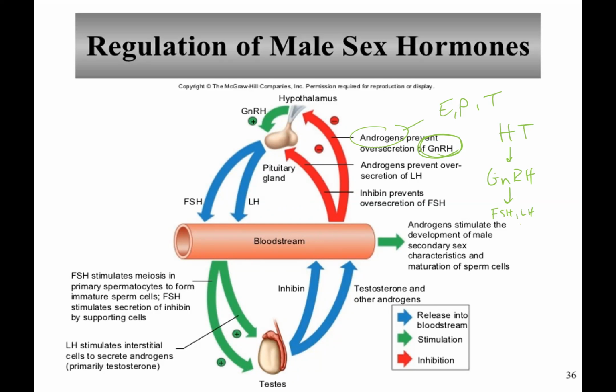As these are released and go to the testes to communicate, they also help produce secondary sex characteristics via testosterone. So deepening of voice, pubic hair production, muscle mass, creation of sperm, and so on.